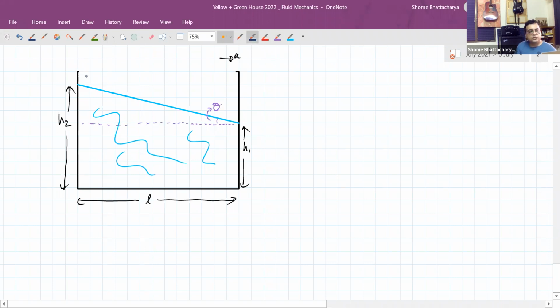So now what we can do is first of all consider 2 points right on the surface of the liquid over here and here. We can see that pressure at the point A is equal to pressure at the point B, which is equal to atmospheric pressure.